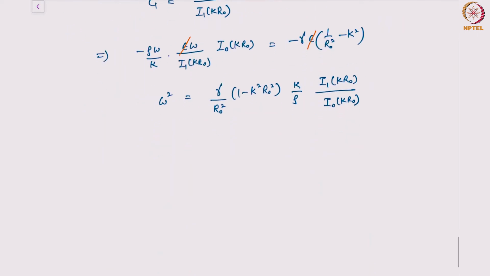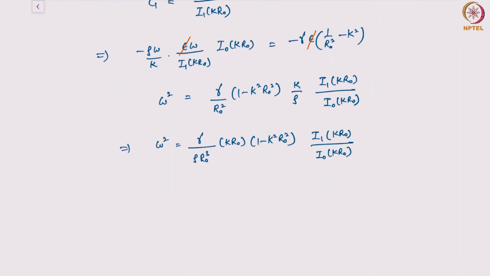That's what I have. I can do one more important step, which is I can multiply and divide by k r naught. I have omega square will be gamma by rho r naught cube times k r naught into 1 minus k square r naught square times I1 of k r naught divided by I0 of k r naught.